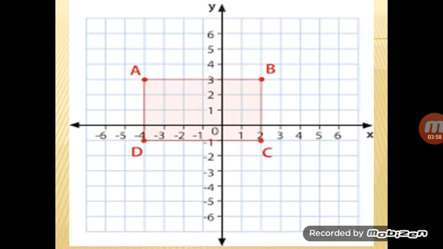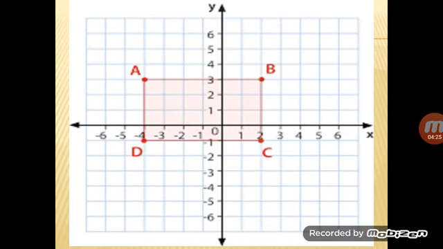Have a look at the slide. We have plotted 4 points A, B, C and D, and then joined them to form a shape. A coordinates are minus 4 and 3, B coordinates are 2 and 3, C coordinates are 2 and minus 1, and D coordinates are minus 4 and minus 1.